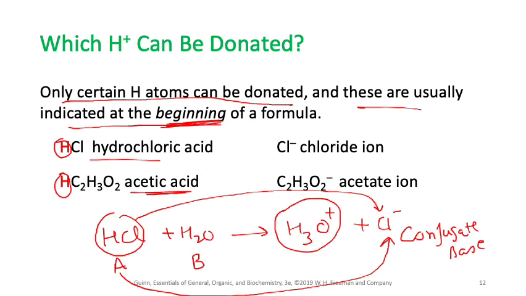So chloride ion came from the HCl, and HCl is what? Acid. But after the reaction is done, the Cl part from the acid converts into Cl-, and this Cl- is acting as a conjugate base. Why? Because now chloride ion is ready to take a proton from somebody else to convert back into HCl, right? That's the definition of a base, which can accept a proton.